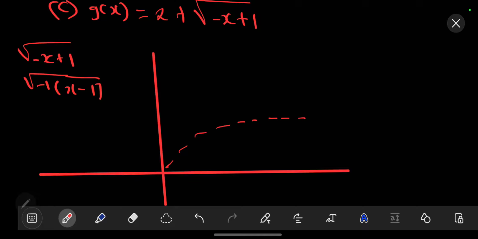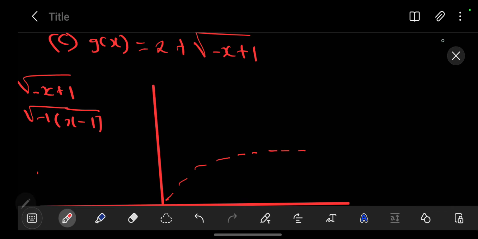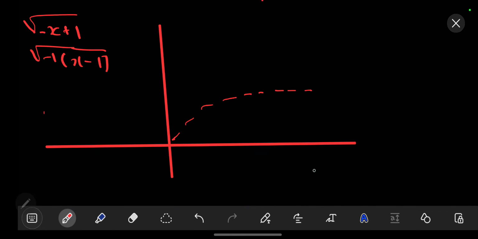This is the same as having a shift. The way the shift works is that we take the inside expression: x minus 1 should be equal to 0, because we are only interested in this. So x will be equal to 1, and our graph will start at 1.